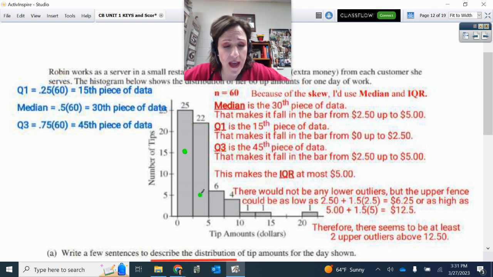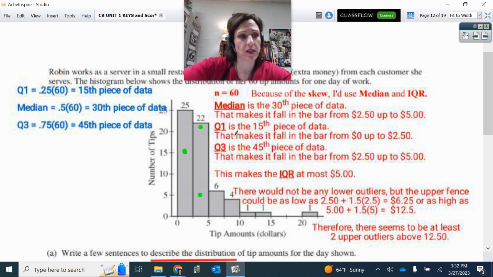And the 45th would have been 25 plus 22 is 47. So the 45th piece of data is still in this second bar. Interesting. So that Q3 would have been really small, or that third part of the box.